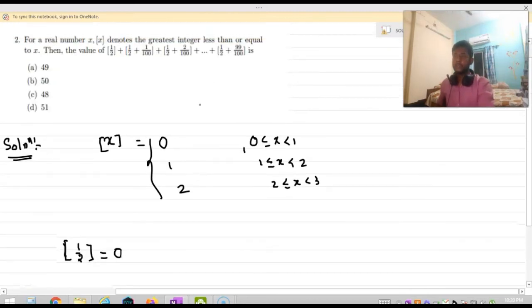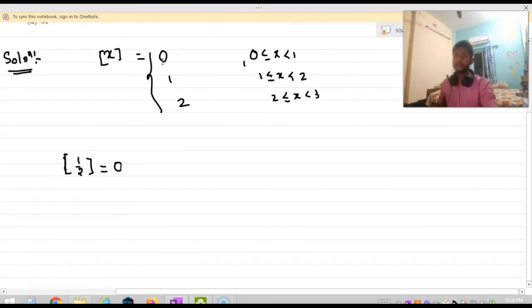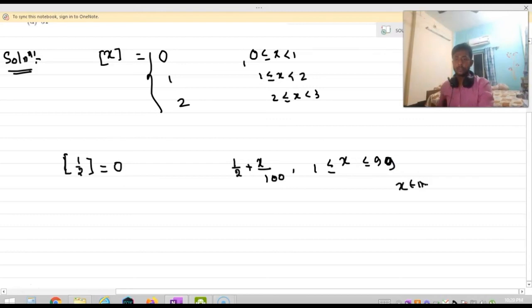Now I am writing this term in a general form, that is half plus x by 100, where x lies between 1 and 99 and x is a natural number. Now let us check the values of x for which box of half plus x by 100 becomes 1.